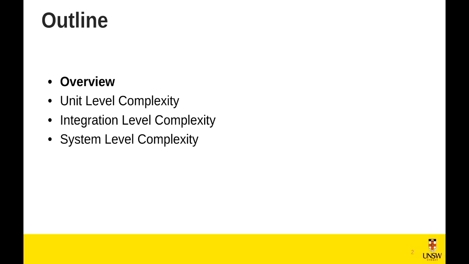For Halstead's metrics, we covered some major metrics to calculate the program length, program vocabulary, program volume, program difficulty, and programming effort. Halstead also provides some other metrics, like the time to do the programming and the expected number of bugs, but they are not so practically useful. So we just use the metrics for program volume or programming effort.